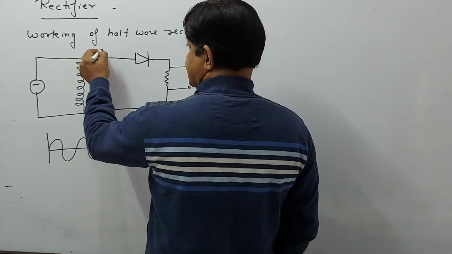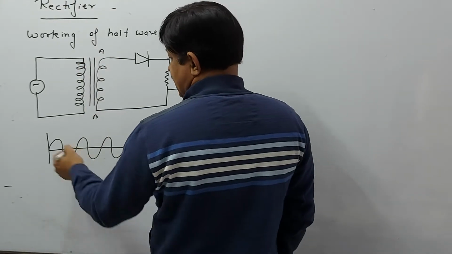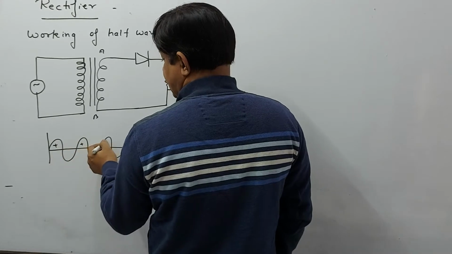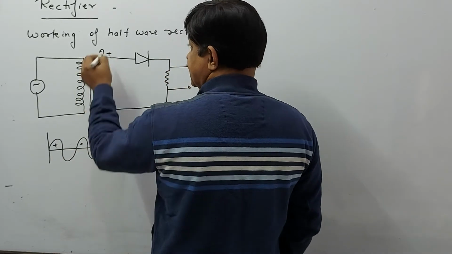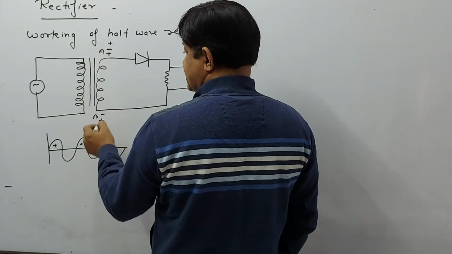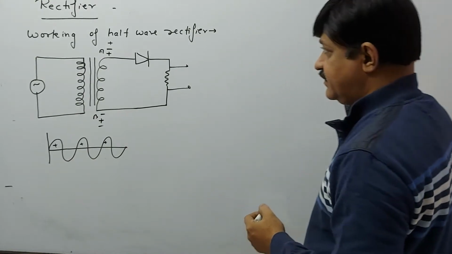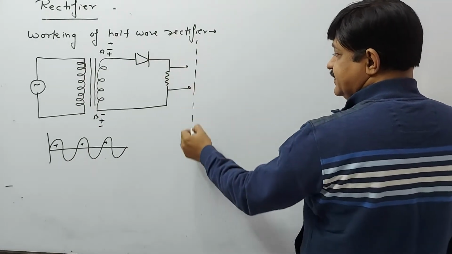If I take this as A and this as B, in half of the cycle A will be positively charged, B will be negatively charged. Then when A is negative, B becomes positive, then A again becomes positive, B becomes negative. So we will write it like this.